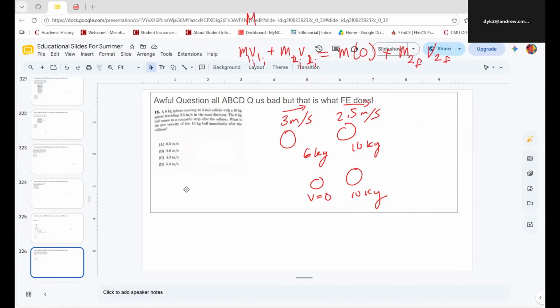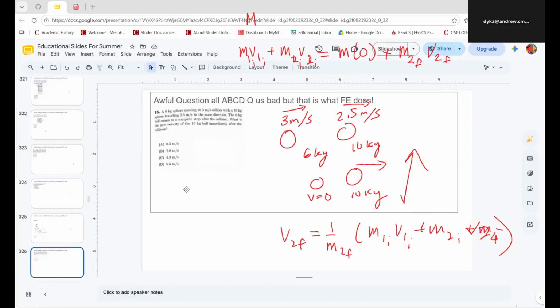You're trying to figure out the V2 final, so V2 final equals 1 divided by M2, times M1 V1 initial plus M2 V2 initial. Let me get my calculator out and solve it. 1 divided by 10, times 3 multiplied by 6 plus 10 multiplied by 2.5, which is 4.3.